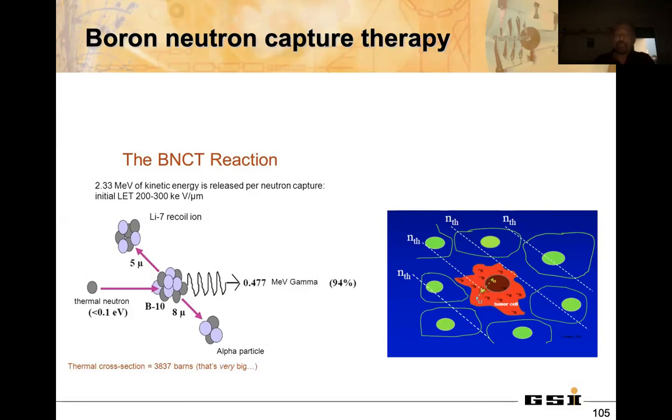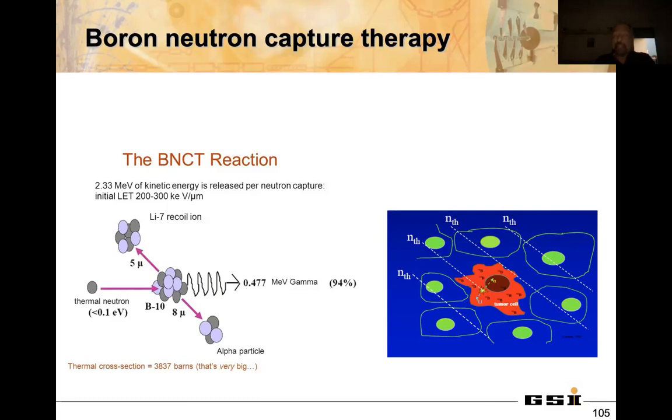Boron neutron capture therapy, the idea is to exploit the nuclear reaction that you can have shooting thermal neutrons on boron 10. If you shoot thermal neutrons on boron 10, this reaction has a very high cross-section, 3,837 barns, extremely high.